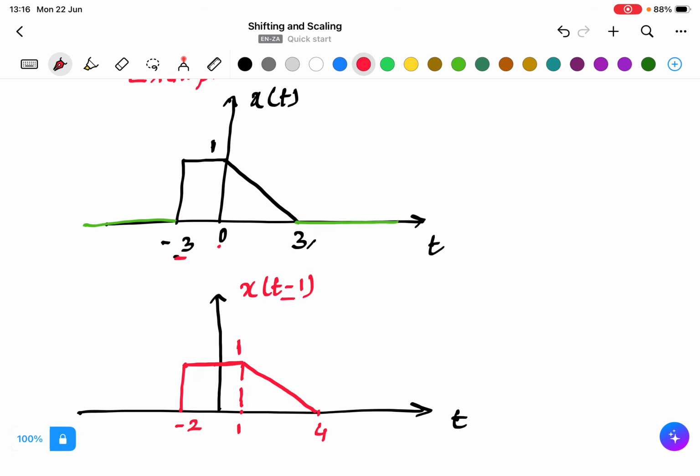Alright, now if we want to do a scaling operation on it, we are basically doing compression or expansion of the signal. So we will use the same plots everywhere.